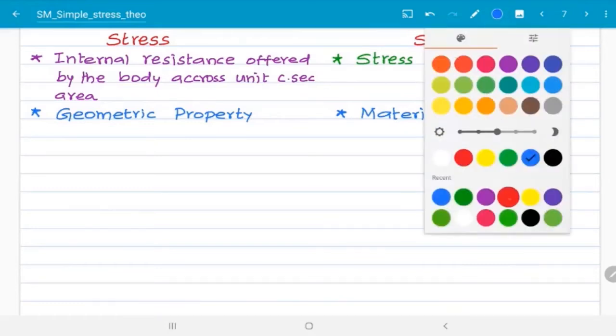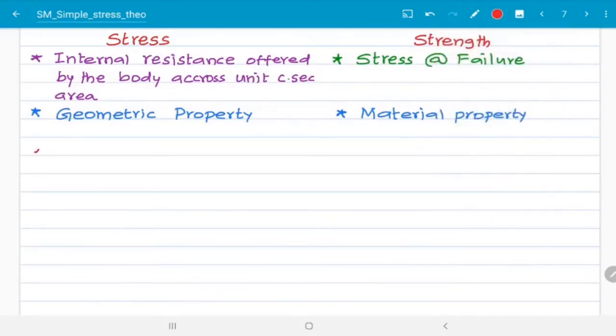So already we discussed stress will vary. How will it vary? From which limit to which limit? When we are doing the experiment, stress will vary from 0 to maximum.